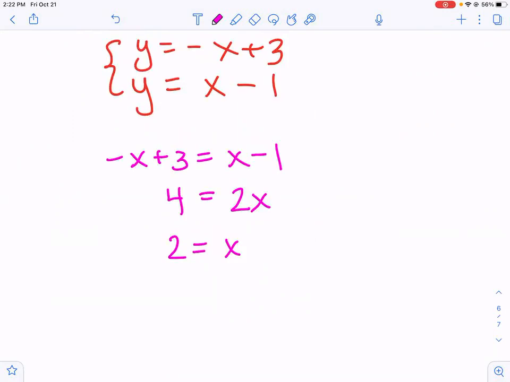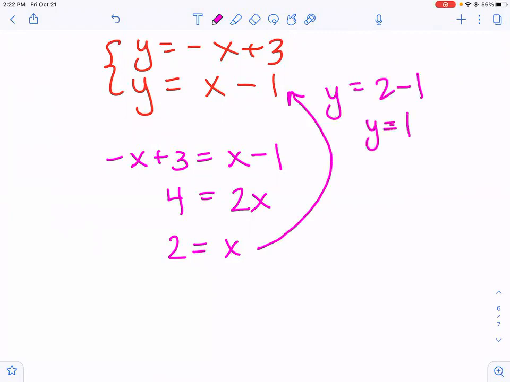If x is 2, what's y? Because 2 minus 1 equals 1. And also negative 2 plus 3 equals 1. This is way too hard.